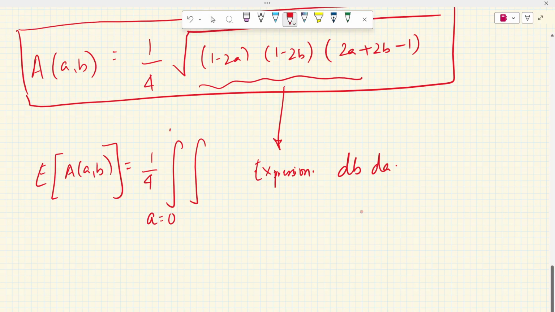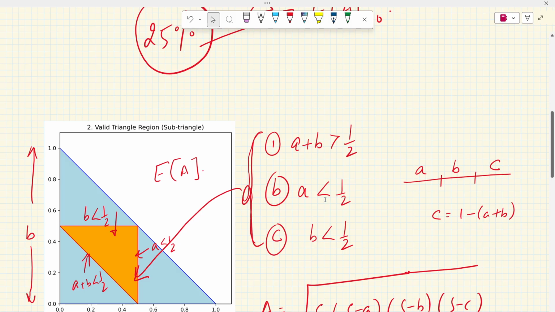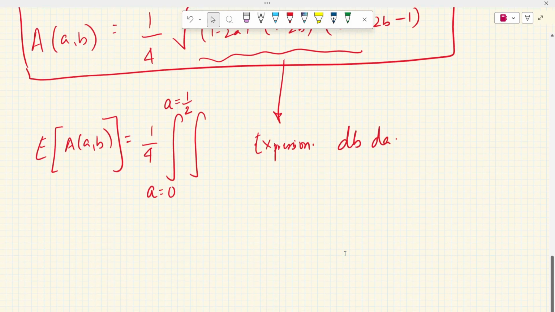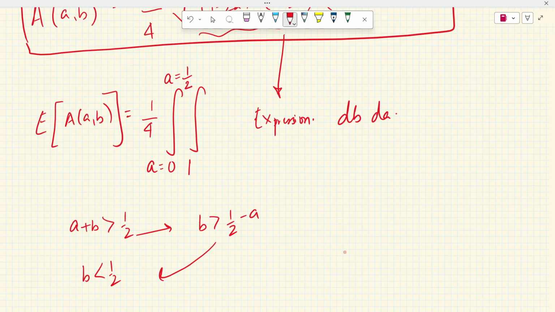It goes from a equals 0 to a equals 1/2. Why? Because we have the three conditions here: a is less than 1/2, b is less than 1/2, and a plus b is greater than 1/2. Now for b, we have these conditions. A plus b greater than 1/2 means that b is greater than 1/2 minus a, but it is less than 1/2. So b will start from 1/2 minus a and end at b equals 1/2.